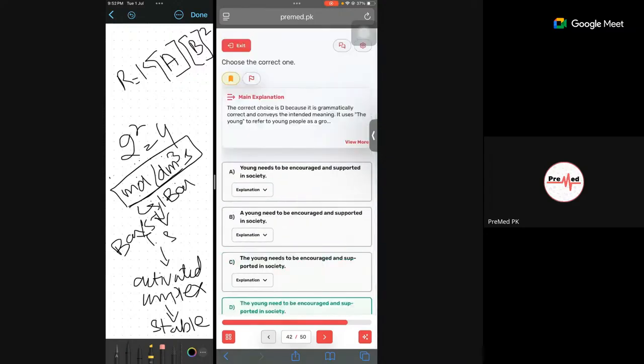We'll start reading from number one. Young needs to be encouraged and supported in society. Well, before young, there should be some kind of article to make it a sensible sentence, so it's incorrect. Next, a young need to be encouraged and supported in society.